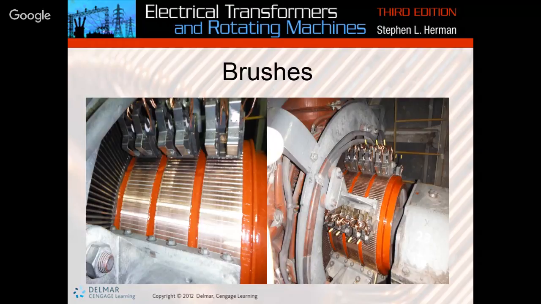The spring tension inside the brush box holds this down, so as it rotates and gets to this shallow part right here, the spring is going to push that brush down on top of that shallow spot.